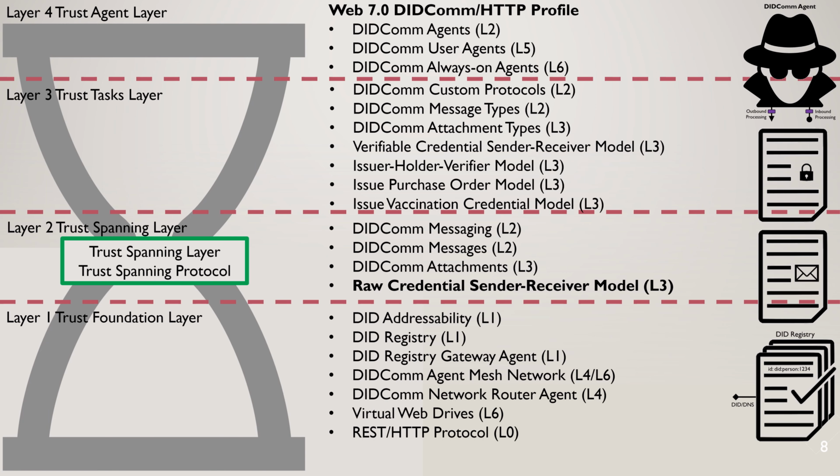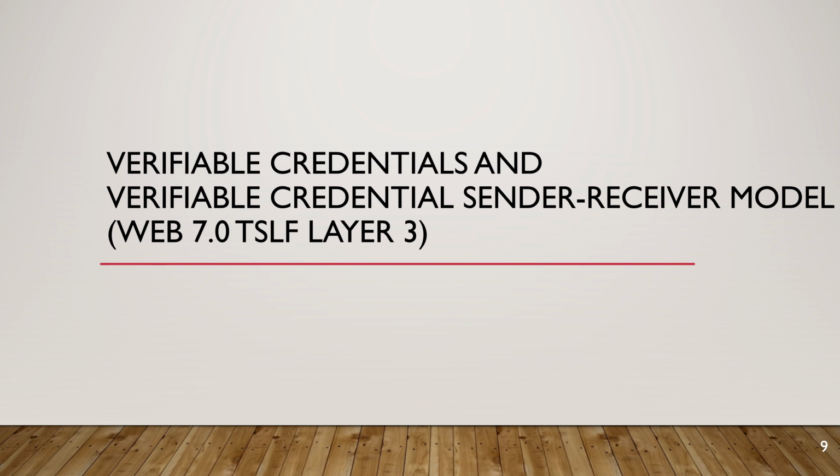And then just bridging to the trust spanning layer framework, we can see that raw credentials are part of the trust spanning layer, layer 2. They're just as basic and common and as broad a technology as DIDComm messaging itself.